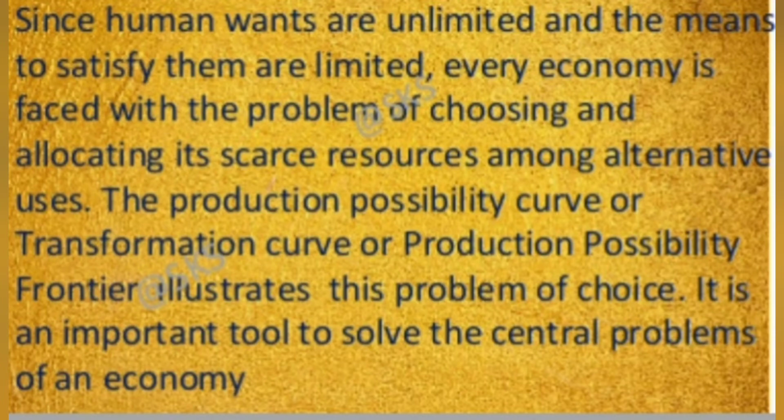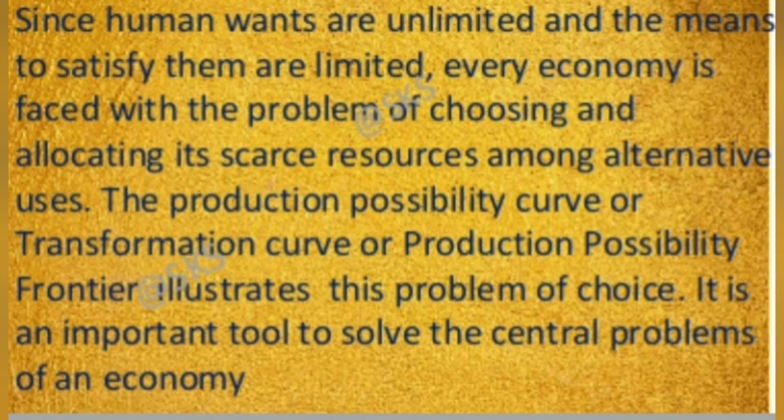As you know, the human wants are unlimited. There is no limit to the human wants for goods and services. But the problem is that the resources or inputs to produce them are very limited, very scarce. Every economy, whether it is capitalist economy, socialist economy or mixed economy, all the economies are facing this problem.